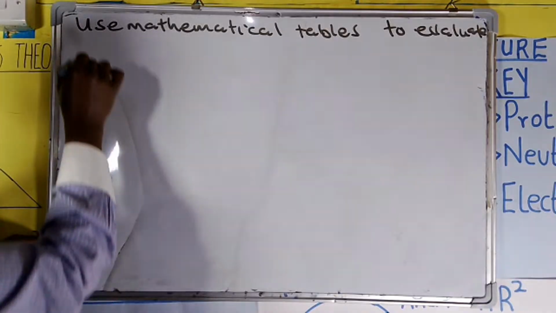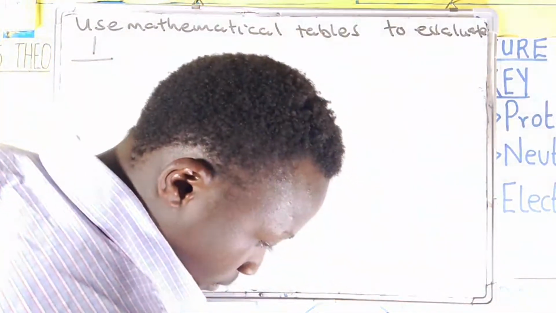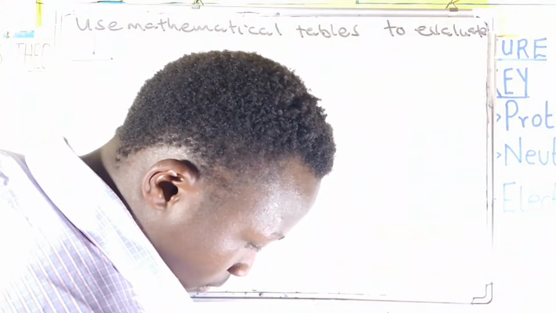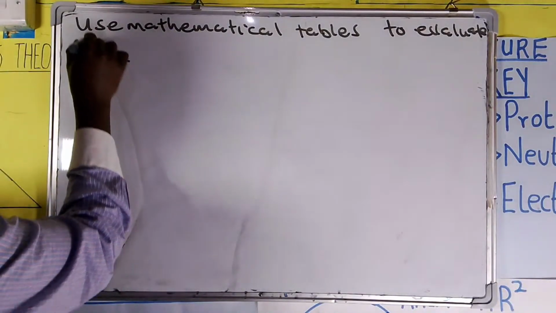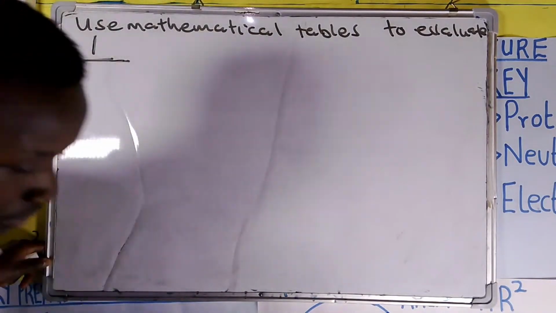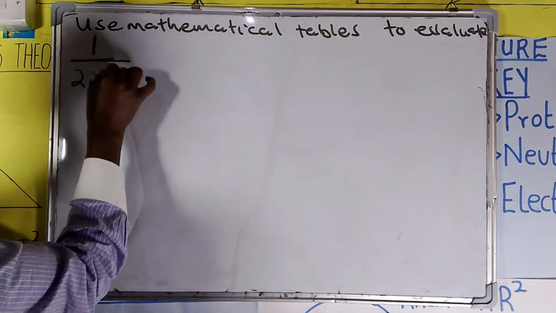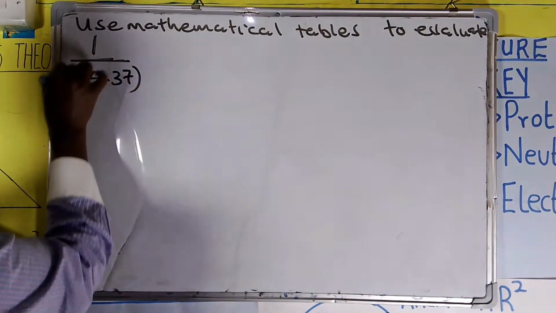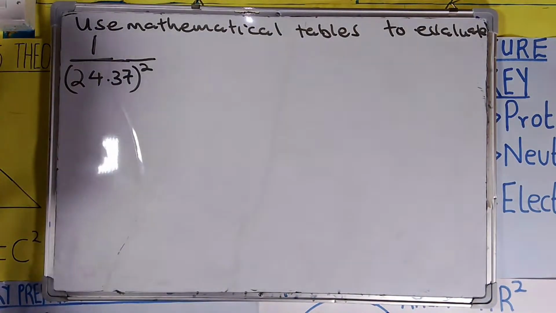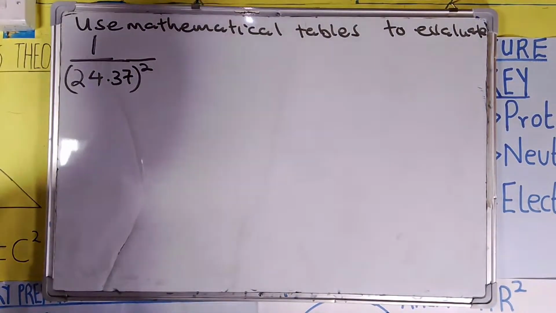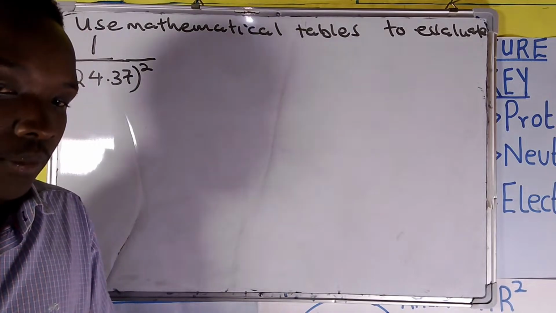So this question is 1 over 24.37 squared. That is what we are supposed to evaluate now.